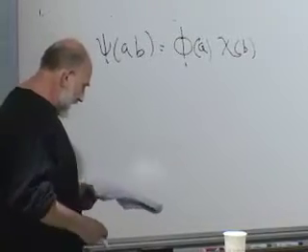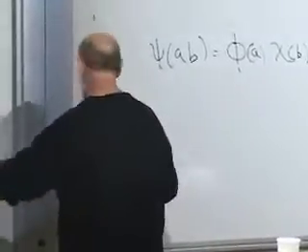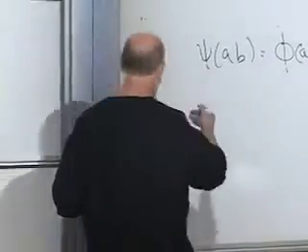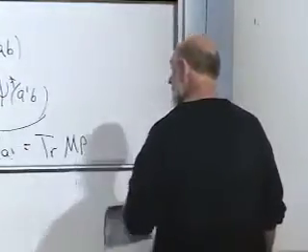then let's calculate the density matrix itself. The density matrix for the A subsystem. For the A subsystem, we have to multiply psi of A and B times psi star.